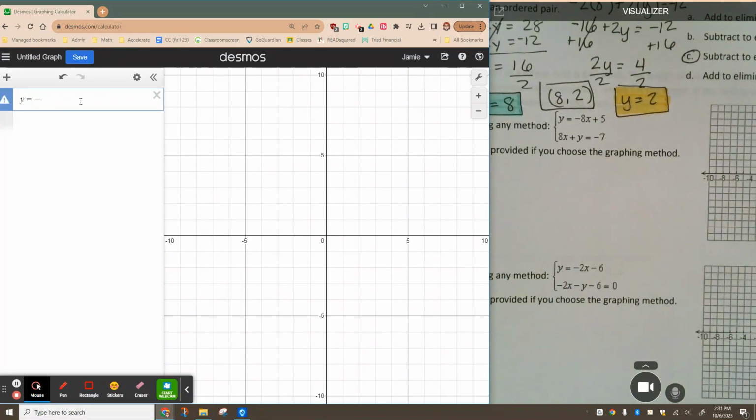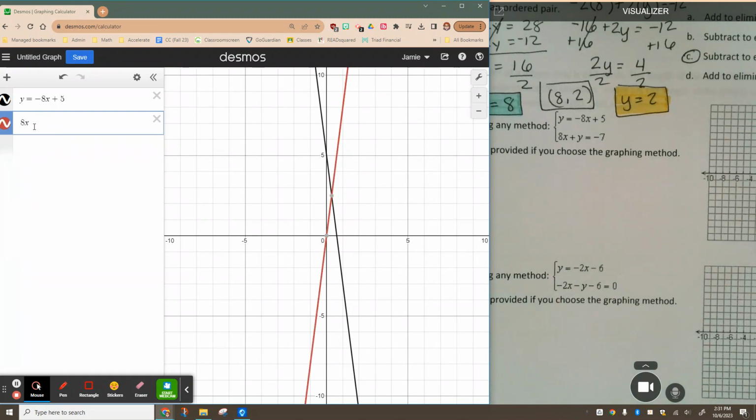So y equals negative 8x plus 5. And then 8x plus y equals negative 7.